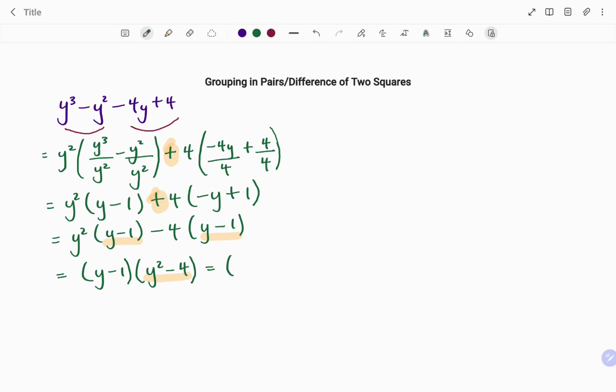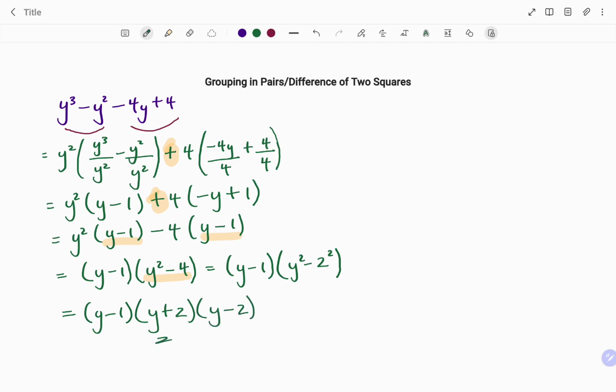This is the same as y squared minus 2 squared. 2 squared is 2 times 2, which is 4. And applying the DOT, or difference of 2 squared rule, my final answer is y minus 1, y plus 2, y minus 2.